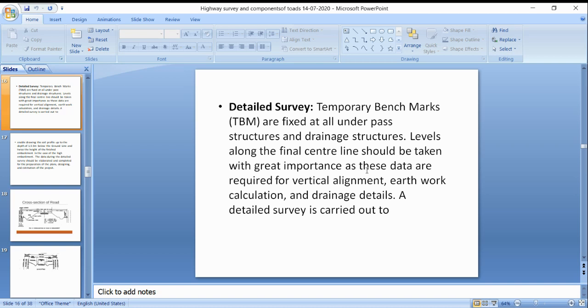By that only we can decide how much height of cross drainage work we have to construct, and we should see the natural groundwater level also. So the soil capacity: how much water can be there, and after rain how much water that soil is storing.